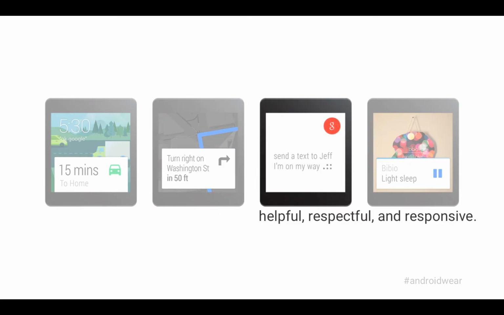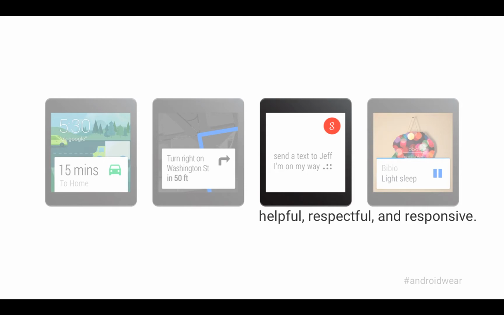It's helpful, respectful, and responsive. It tries to really help you in the things that you want to do, right? It understands you. It's very respectful of your time. It does not impose any actions on top of you, so you don't get bogged down by notifications. It asks you, do you want to do something? It waits for your command. It's also very responsive.